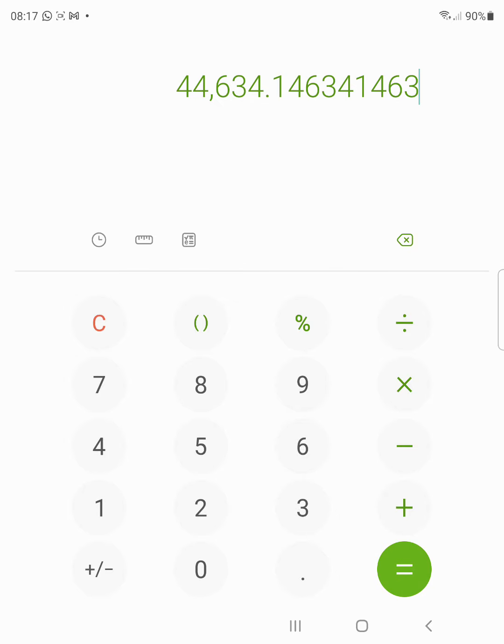So the market cap divided by the employee number is about 44,000, which means for each employee the company has 44,634 euros. And how much do you think the employees earn per year? About 20k on average, 25k.